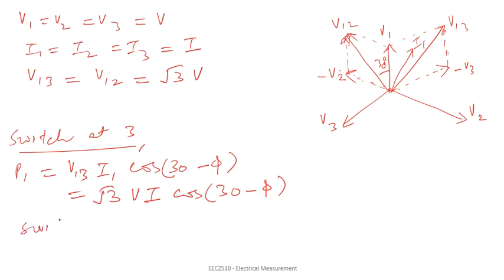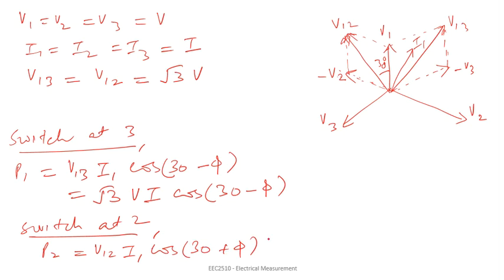In the second case, when the switch is at position 2, P2 will be equal to V12 I1 cos of 30 plus phi, that means it is equal to root 3 Vi cos of 30 plus phi.